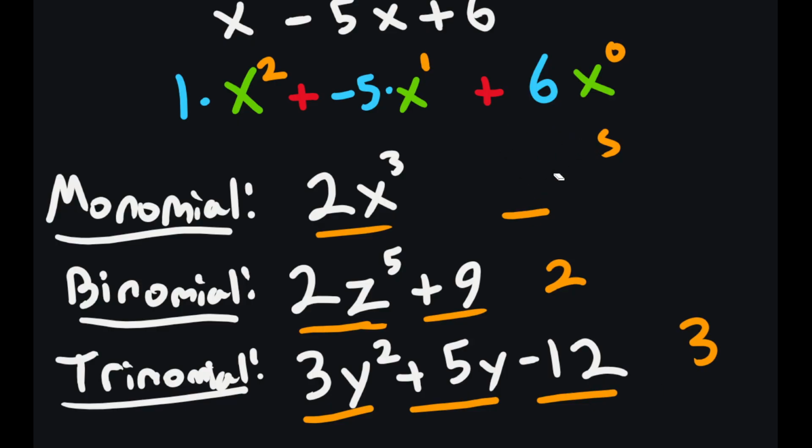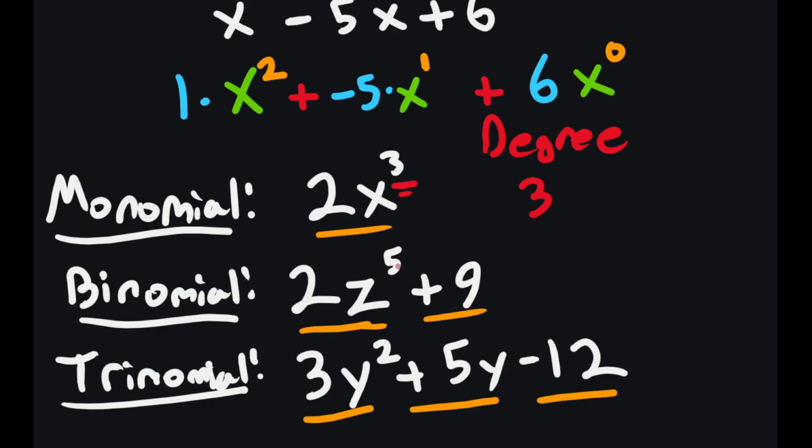So now let's talk about the degree of each of these. The degree of a polynomial is the highest exponent of one of the terms. Right here in this monomial, there's only one exponent. It's this 3 right here. So the degree of this is 3.